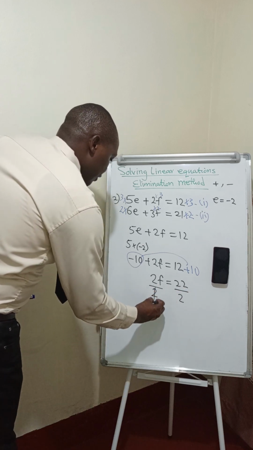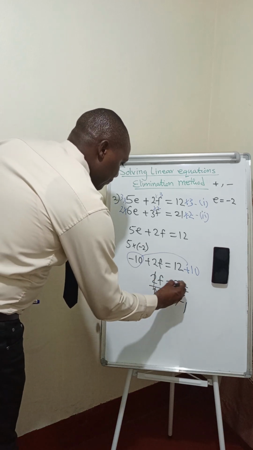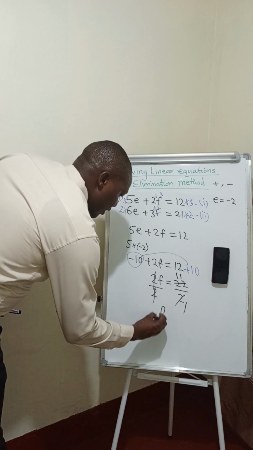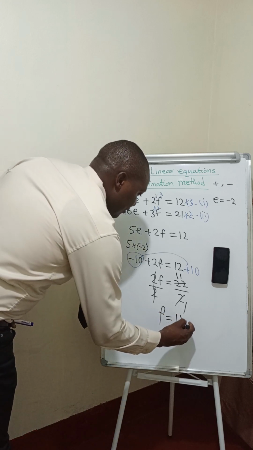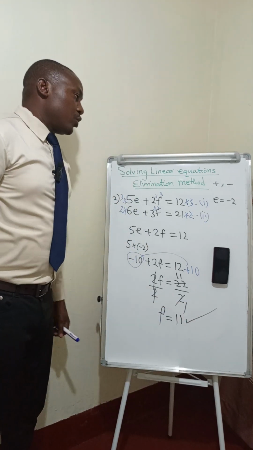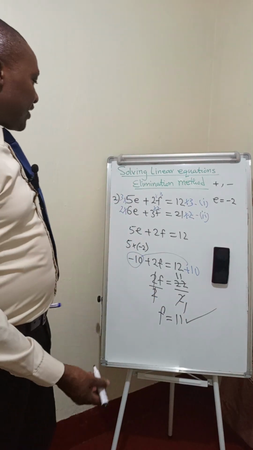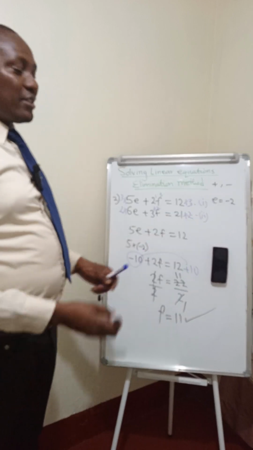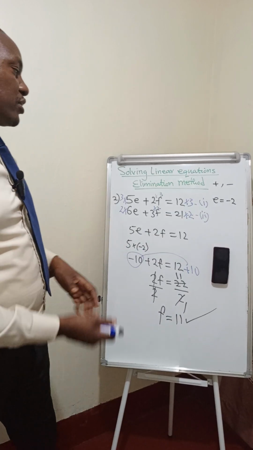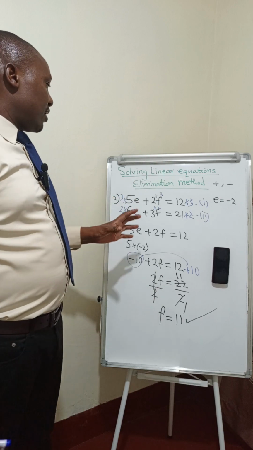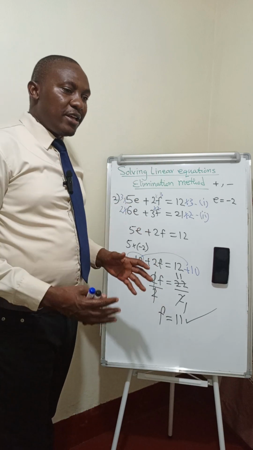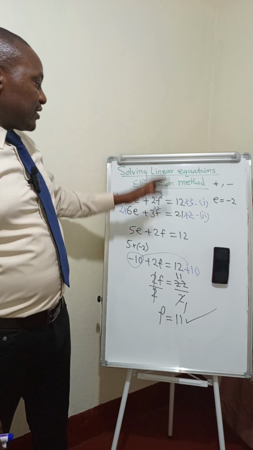What is the value of f? Divide by the coefficient. This is a positive number, so we are going to get f is equal to 11. f is equal to 11. And that's how we solve it. Look at those two questions that I've done. They test a lot in the use of these signs.